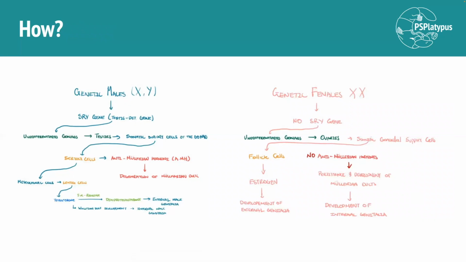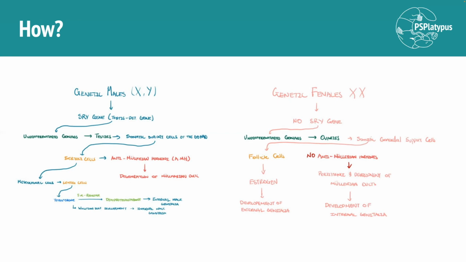This gene acts to cause our undifferentiated gonads to form testes, which then activate somatic support cells of the testes to form Sertoli cells. These Sertoli cells do two actions, one being the production of anti-Mullerian hormone, which acts to cause the degeneration of our Mullerian ducts, which therefore results in there being no female genitalia being present, whilst also stimulating our mesenchymal cells to form Leydig cells.